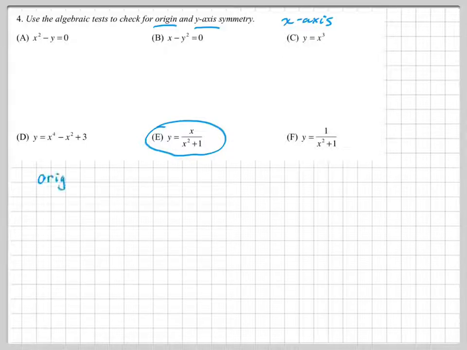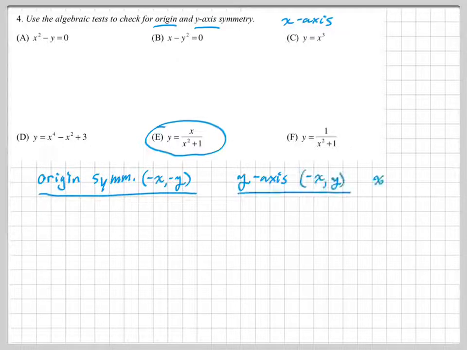So to set it up, we have the origin of symmetry, where we would test negative x and negative y, the y-axis where we test negative x and y, and then the x-axis of symmetry where you test x and negative y. Okay, now this is one way to look at symmetry.